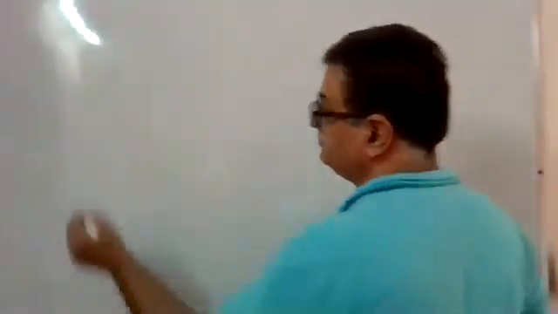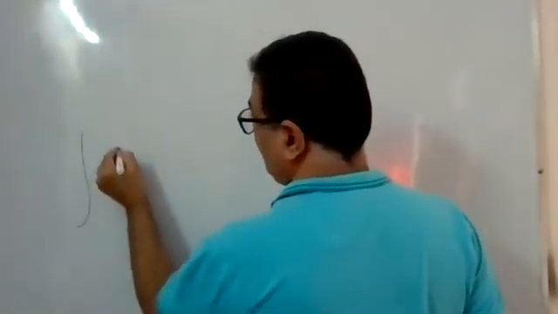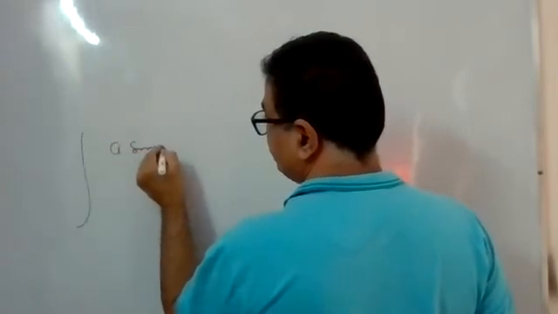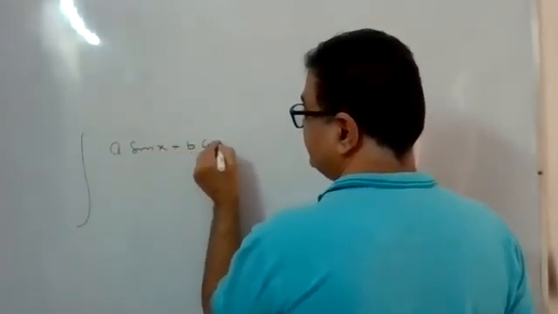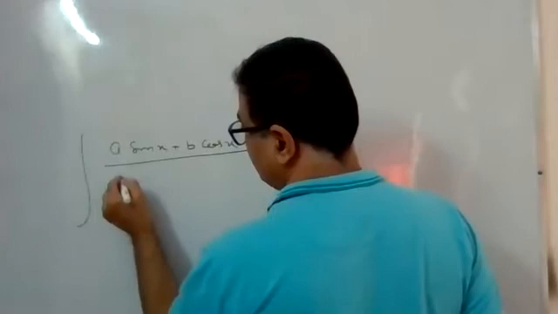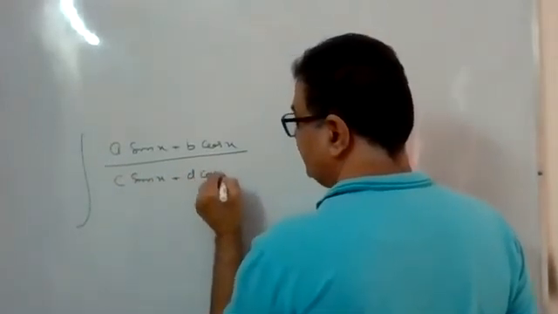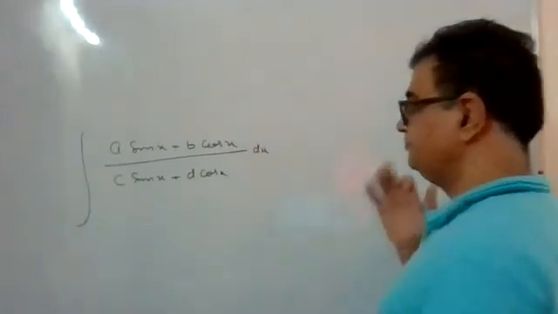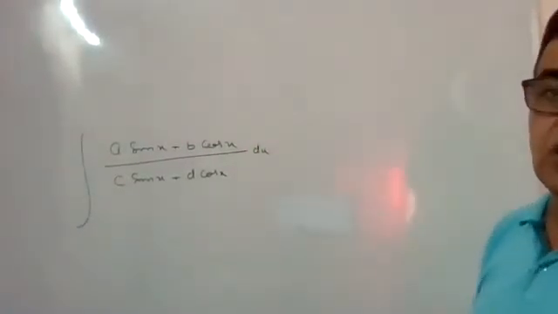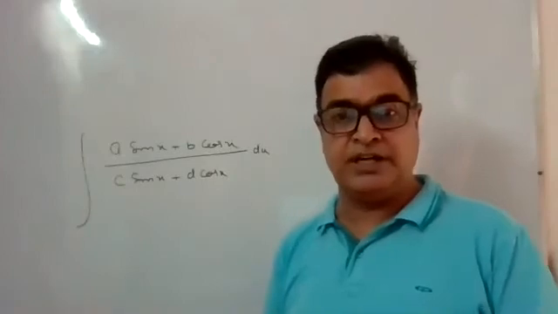Now coming to the next form of question, please write down. If the form comes this way, a sin x plus b cos x by c sin x plus d cos x dx. Numerator also has sin cos, denominator also has sin cos with single power.